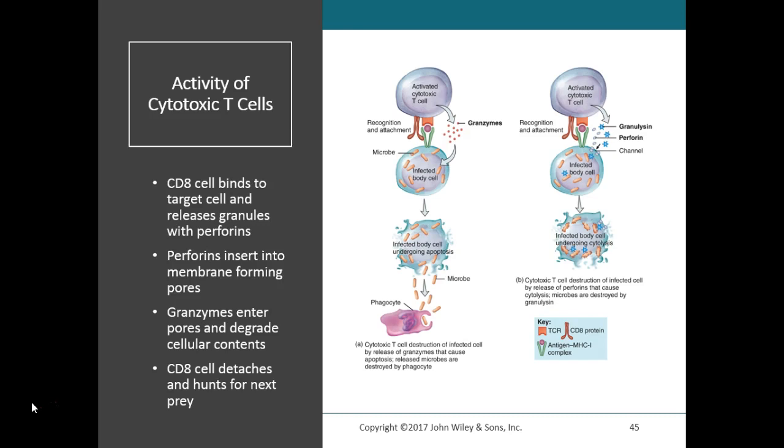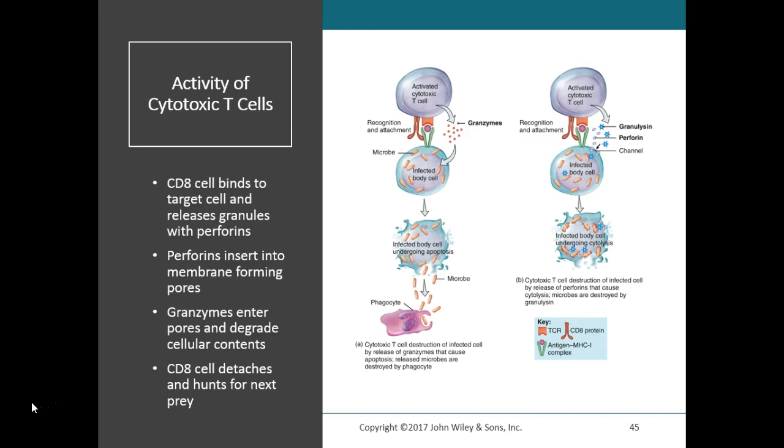Cytotoxic T cells also infect body cells and release two proteins from granules that they store inside their cells. So those granules can contain perforins or granulysin. So perforins are going to insert into the plasma membrane of the target cell and create channels in the membrane. So extracellular fluid can rush into that target cell and the cell ends up bursting.